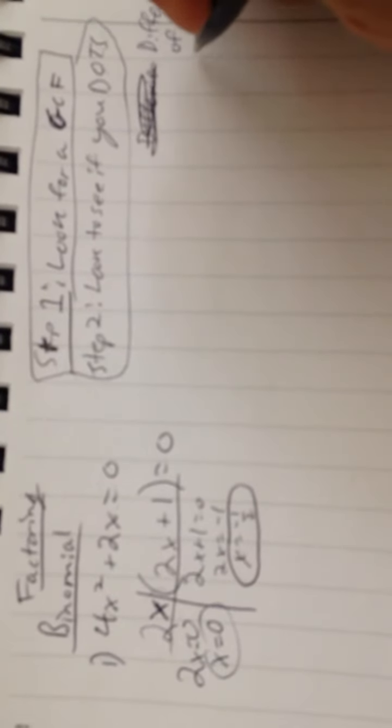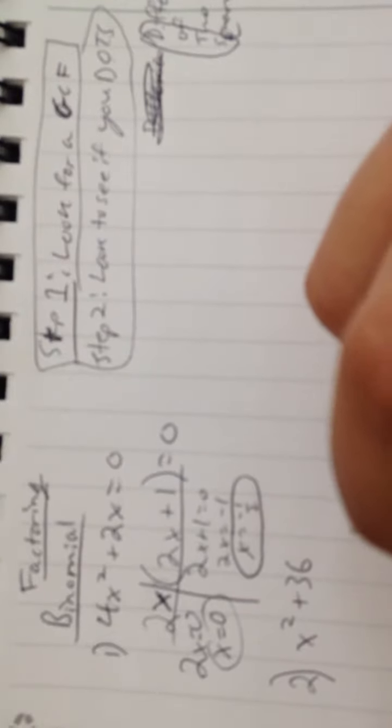Difference of two squares, right? DOTS. So to do an example of DOTS, usually they are binomials, so I'll put them under here. Well, almost all the time they're binomials.